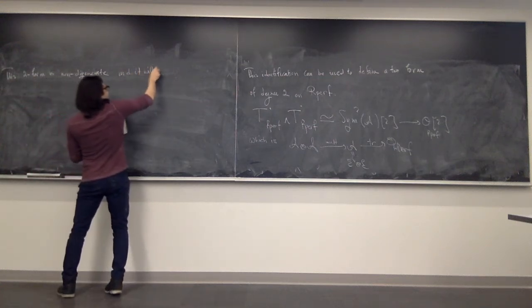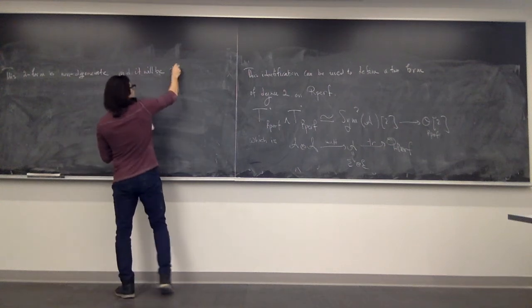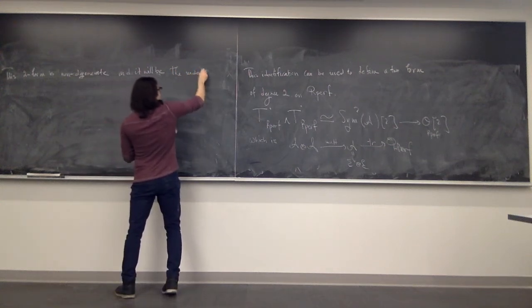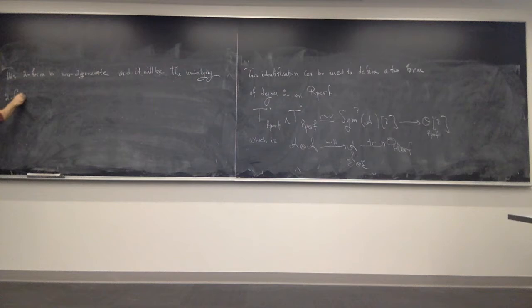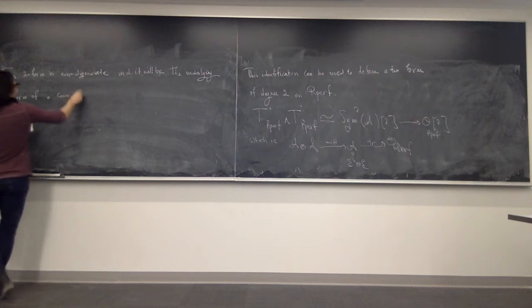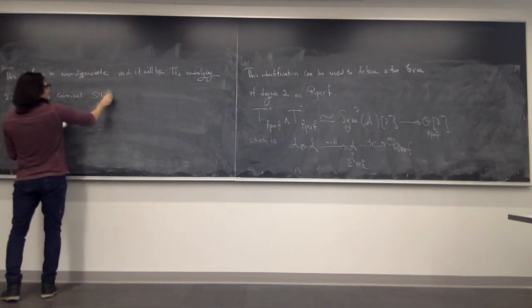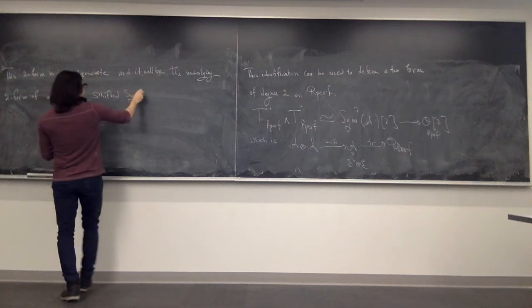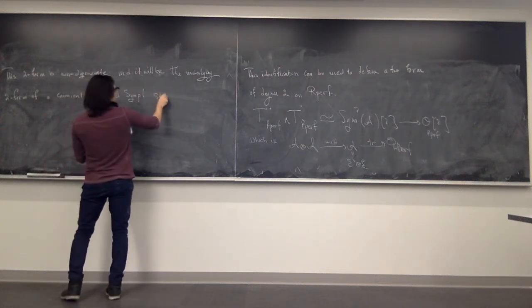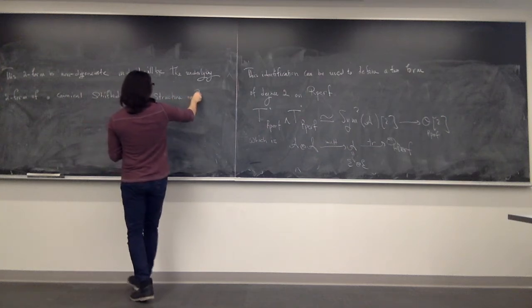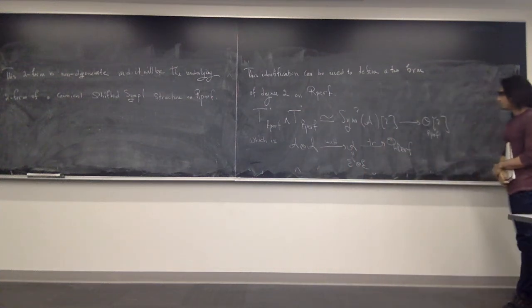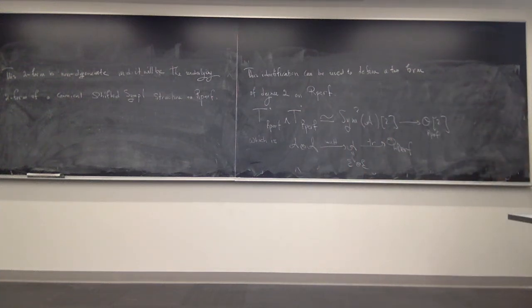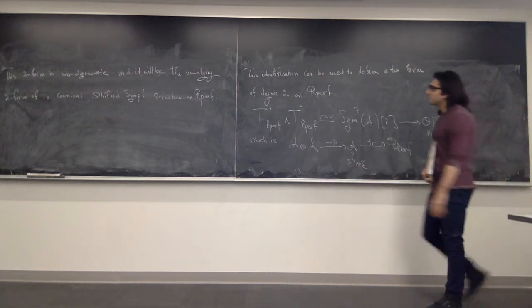It will be non-degenerate, and it will be the underlying two-form of a canonical shifted symplectic structure on R. Again, remember that when we obtain the two-form, the symplectic form is basically an infinite sequence.